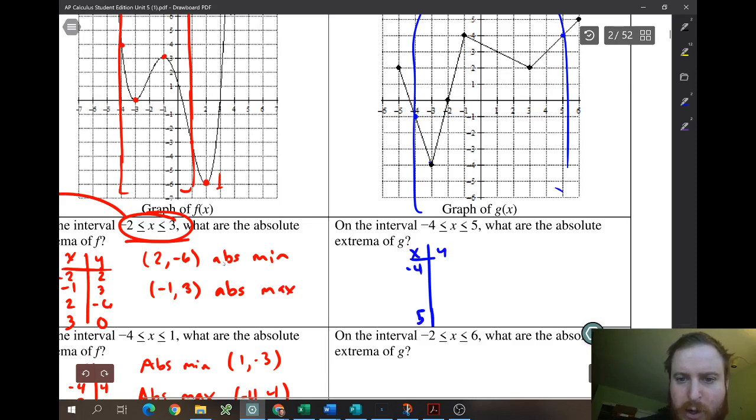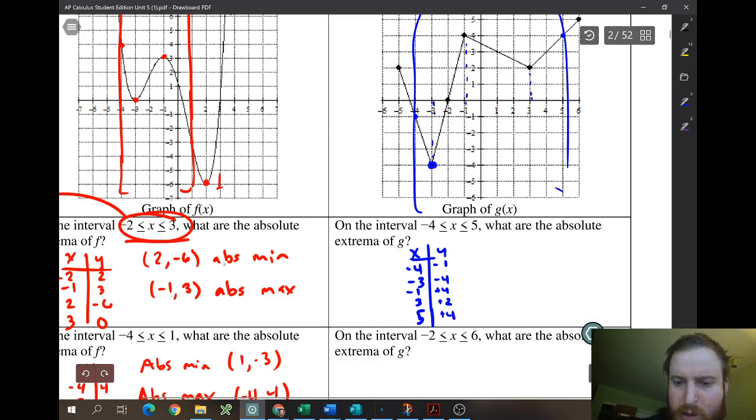So our critical points were at -3, it's the x values for these, because we're on the x chart, and then at -1, and also at 3. So now we're going to just fill in our y values. At -4, our y value is -1, at -3 our y value is -4, at -1 it's +4, at 3 we're at +2, and at 5 we're at +4 again.